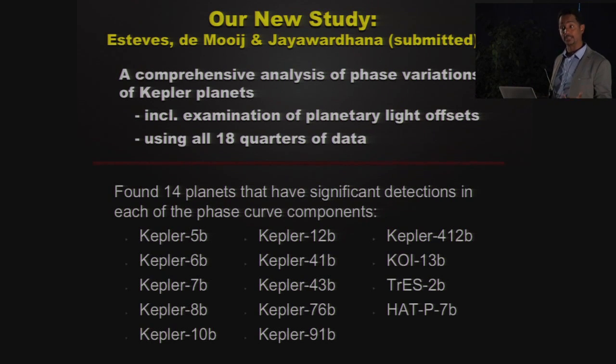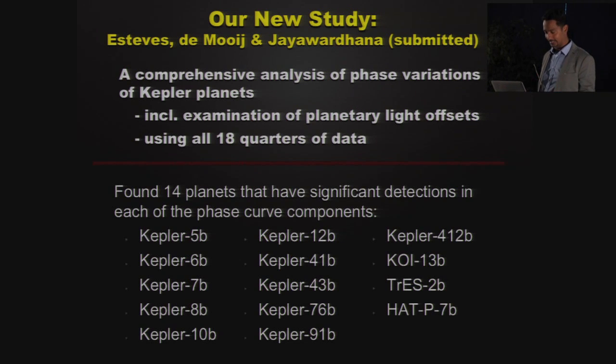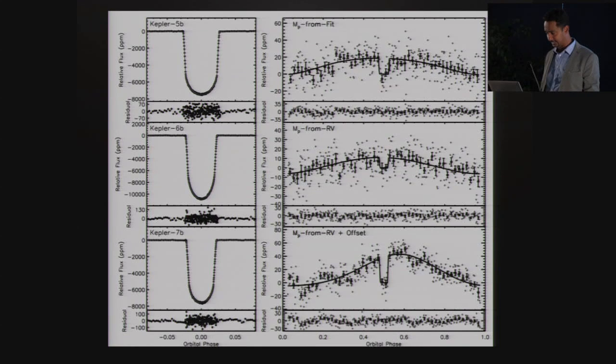We take both the long cadence and the short cadence data, the simple aperture photometry, and fit co-trending basis vectors to correct for the instrumental effects, then normalize each quarter to its out-of-transit median to remove quarter-to-quarter discontinuities, and then remove any 5 sigma outliers by calculating a running median and a sigma.